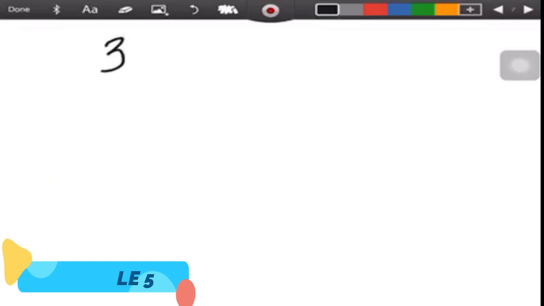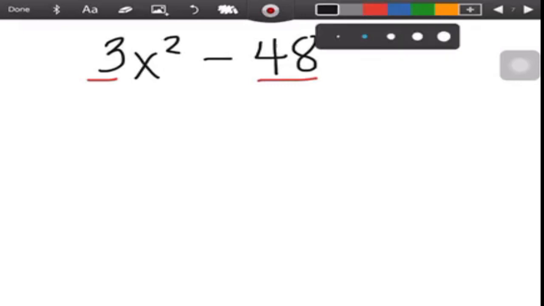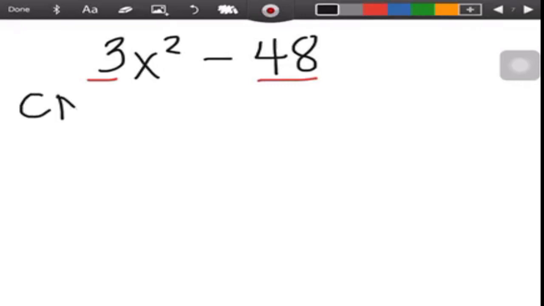Let's go now with the last example. We have 3x squared minus 48. So, what can you observe with this example? 3 and 48 are not perfect squares. So, we need to factor this one first using CMF.